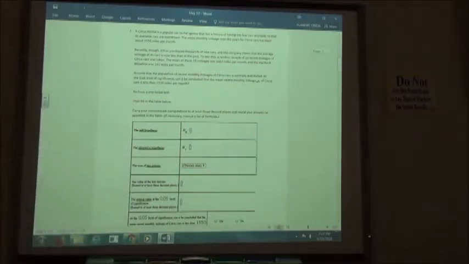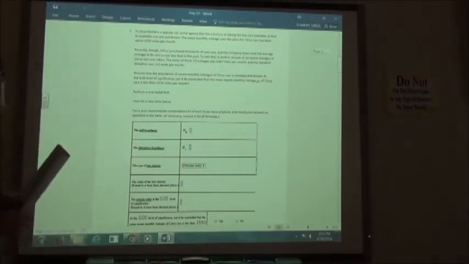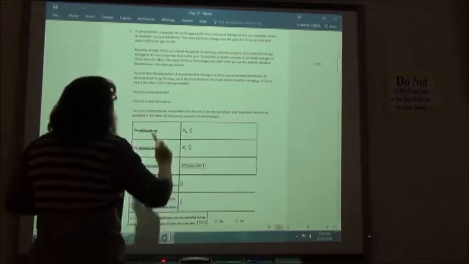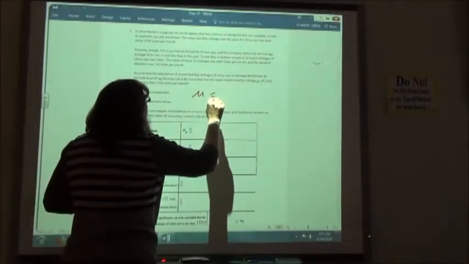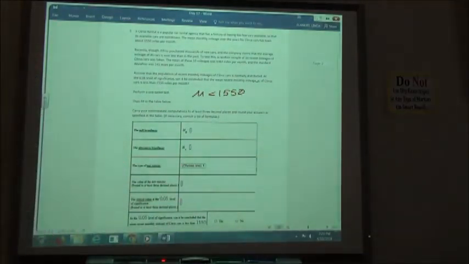At the 0.05 level of significance, can it be concluded that the mean recent monthly mileage of Citrus cars is less than 1,550 miles per month? So my statement is saying, is the mean less than 1,550? Since that doesn't have the equal in it, that's my alternate hypothesis.